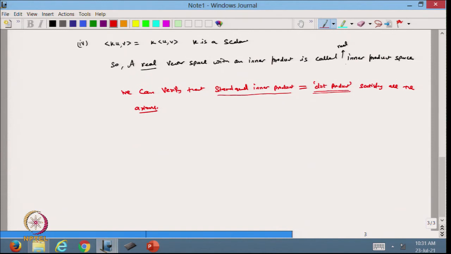It is also called the Euclidean inner product. Euclidean means we are talking about Euclidean geometry, where we take the inner product as the dot product. The standard inner product, the dot product, and the Euclidean inner product are all the same.